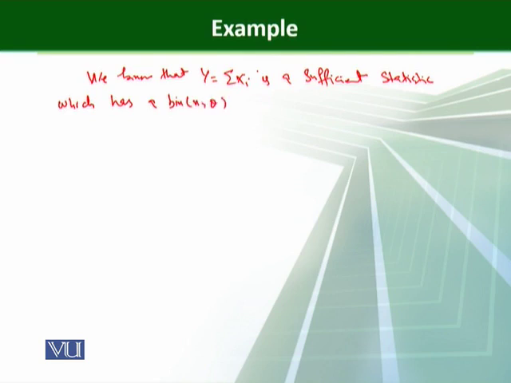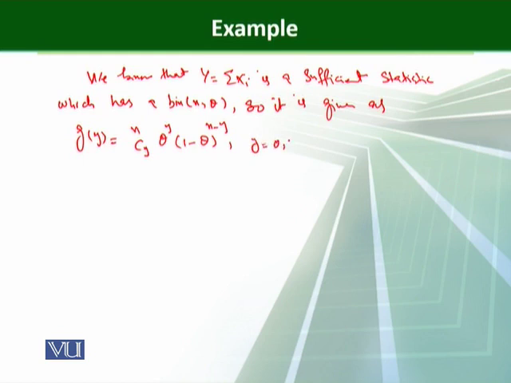We have already proven this part in the sufficient statistic. So it is given as g of y, that is actually n choose y, theta raised to power y into 1 minus theta raised to power n minus y, and y varies from 0, 1 to n.